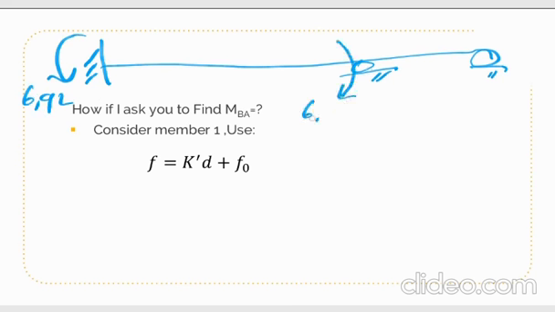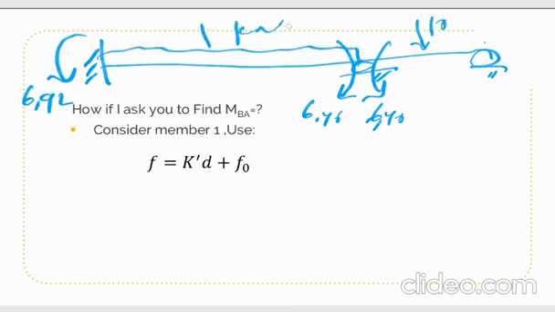Moment here 6.40. And here 10. This is the distributed load, 1 kilonewton, and this is 10 kilonewton. Then we have the reaction here, and also at B, and also at A. This is A, B, and C.